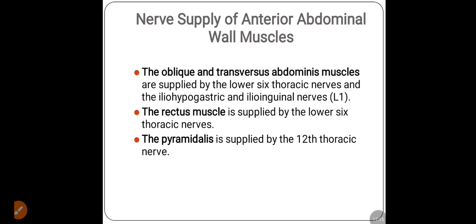External oblique, internal oblique, transversus abdominis are supplied by the last 6 thoracic spinal nerves plus L1, while the rectus abdominis is supplied just by the last 6 thoracic spinal nerves, and pyramidalis by T12, the subcostal nerve. Okay?